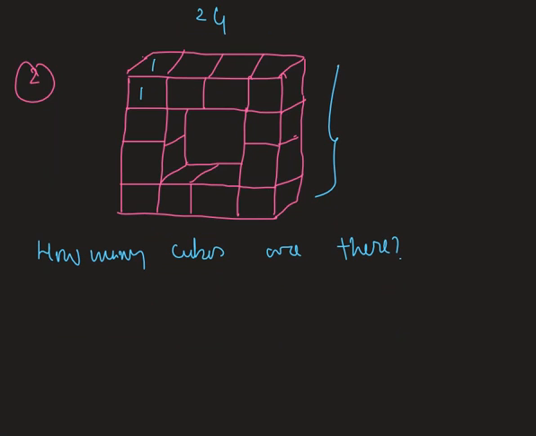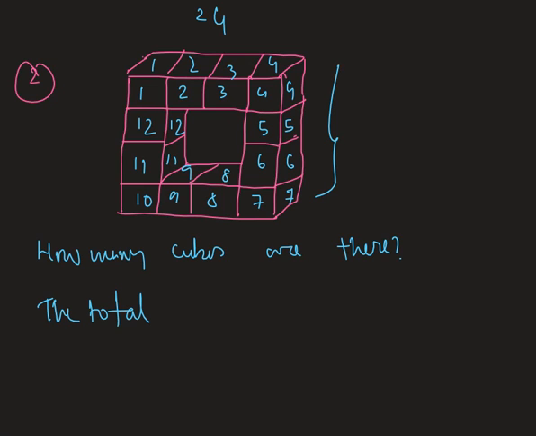This is the first cube, this is second, this is third, this is the fourth, this is the fifth cube. This is sixth, this is seventh, this is eighth, this is ninth, this is 10th, this is 11th, and lastly this is 12th. As we can see, after giving numbers to each of the cubes, we have 12 small cubes.